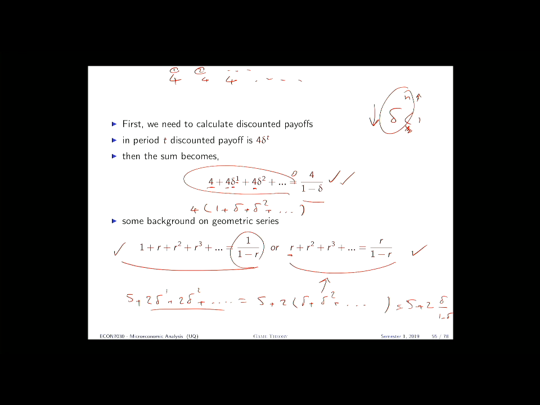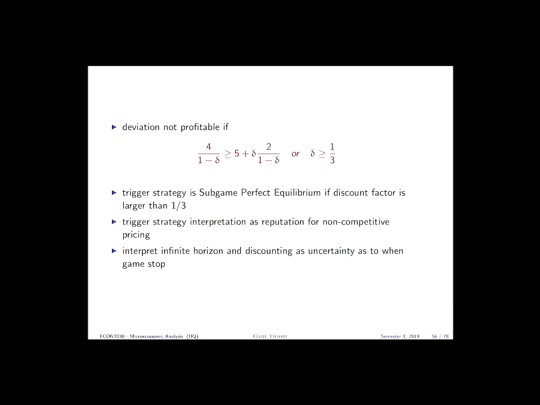Okay? So now we have 2 payoffs. One is this, which is the payoff of cheating. And one is this, which is the payoff of cooperation. We want to see what are the deltas that give us a higher payoff for cooperation. So we'll assume this is larger than that. If you simplify that, multiply both sides by 1 minus delta.